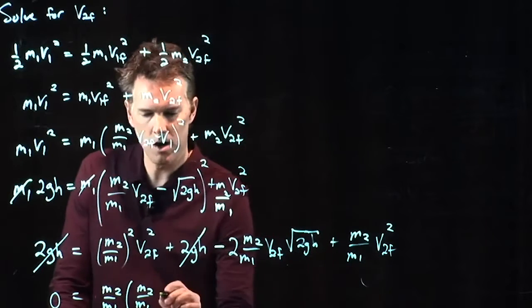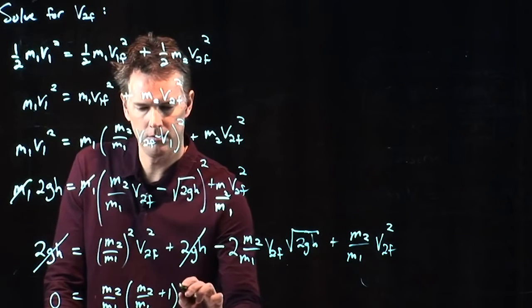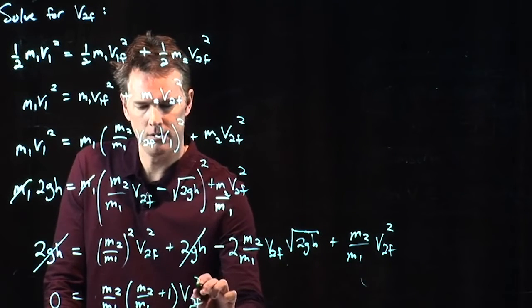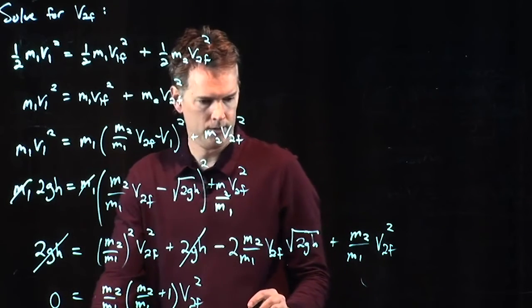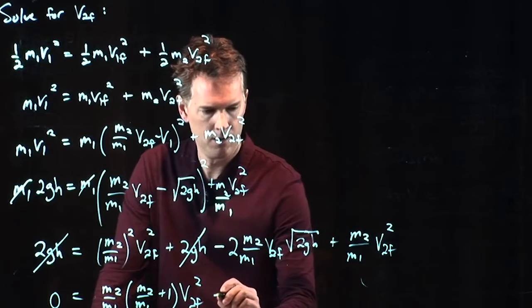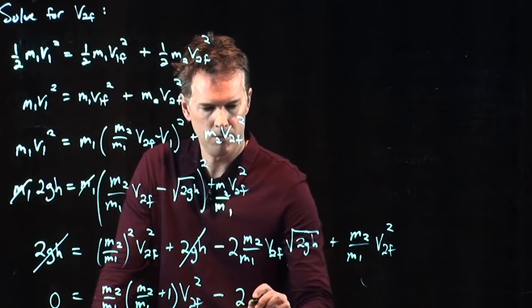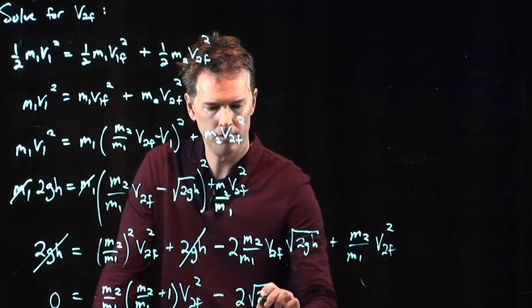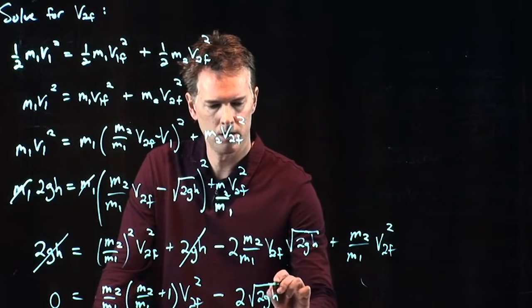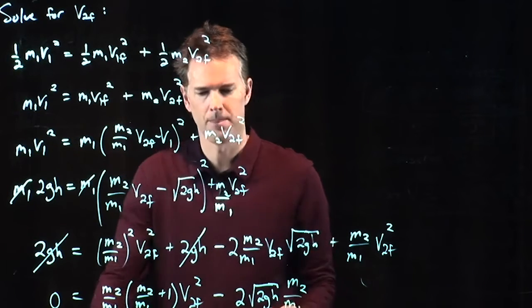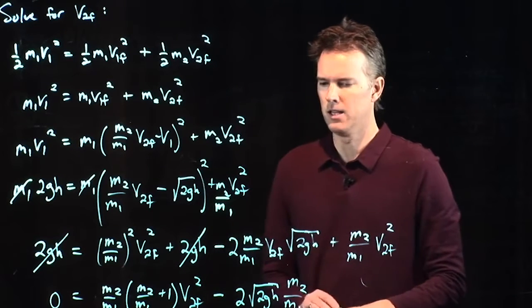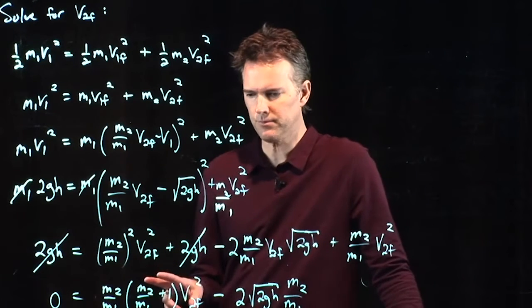We're going to add one of those. And then we have this stuff right here. 2gh times m2 over m1, and all of that equals 0.